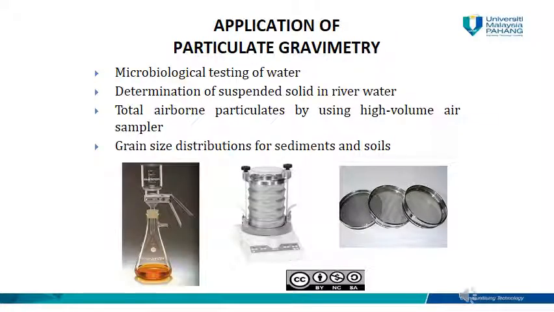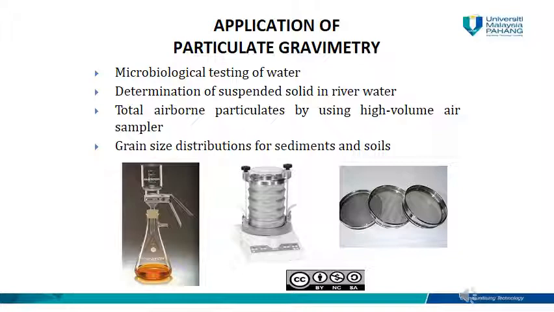For the applications of particulate gravimetry, one is the microbiological testing of water. That is one big area that is used nowadays, like when they want to detect E. coli in a water sample. Next is the determination of suspended solids in river water.